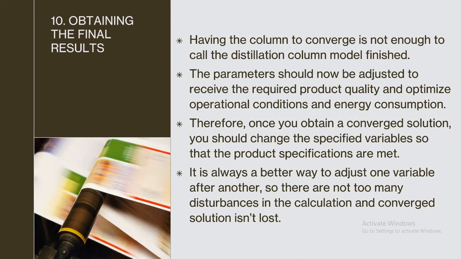So once you obtain a converged solution, you should change the specified variable so that the product specifications are met. In this case, we don't have to do that because, as I said, we did meet the product specifications. We didn't, though, optimize the operational conditions and energy consumption, and I'll do that in the next presentation.